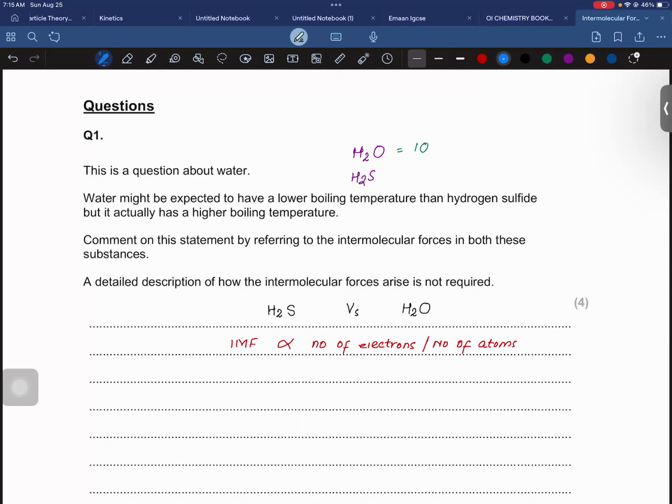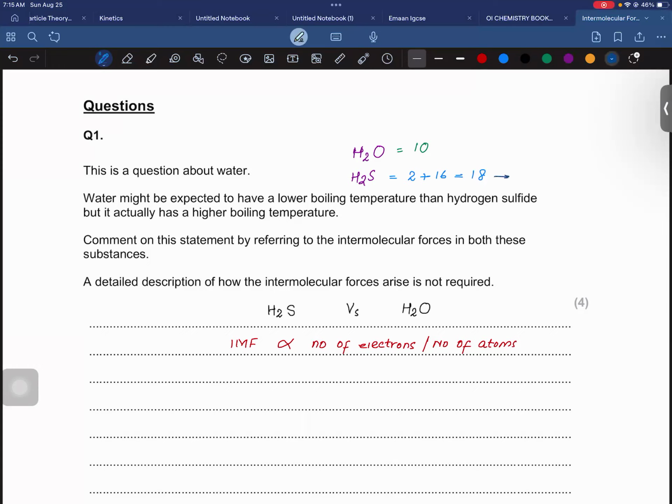There are 2 hydrogen atoms in water, so 2 plus 8 is 10 electrons. Then in H2S, 2 electrons from hydrogen and sulfur is 16, so the total is 18, right?